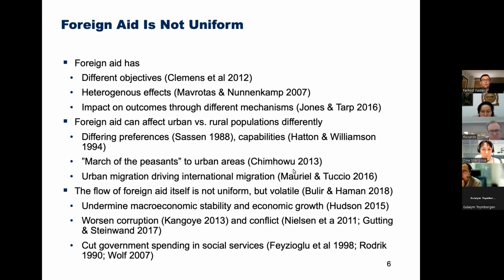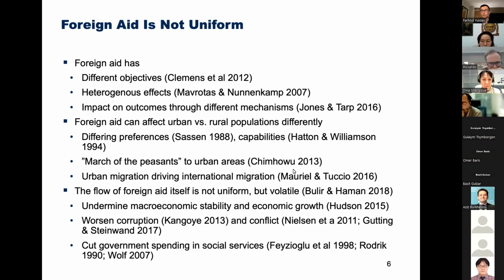The other thing we looked at is the flows of foreign aid. Are they uniform? Do we have more evenly distributed disbursements of aid from year to year? And that's what we found: it turns out that foreign aid is not uniform. Sometimes countries get a lot of aid and the next year they might get very little aid.